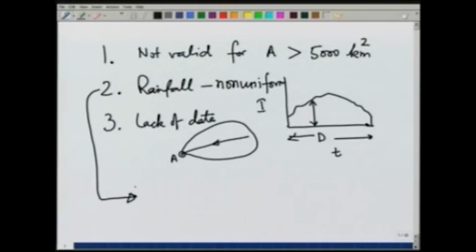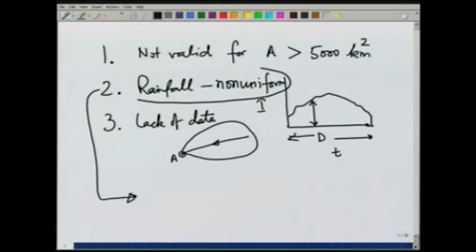So, today we will look at some ways of getting over these limitations, or how to do our analysis if some of these limitations are not satisfied. For example, the area may be very large, rainfall may be very non-uniform. So, how to go about it? We will start with non-uniform rainfall and how to analyze it.